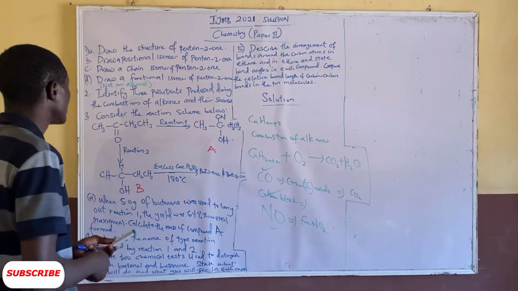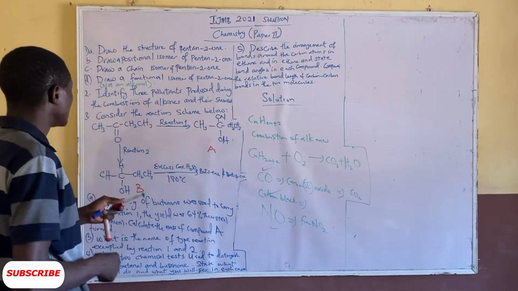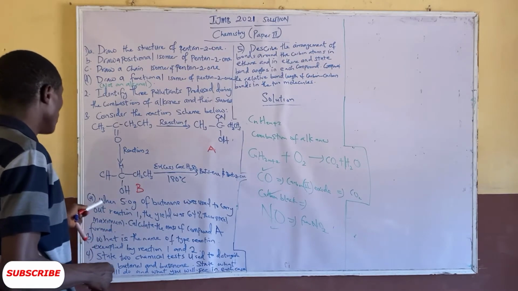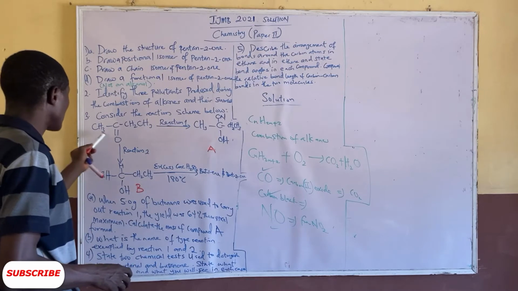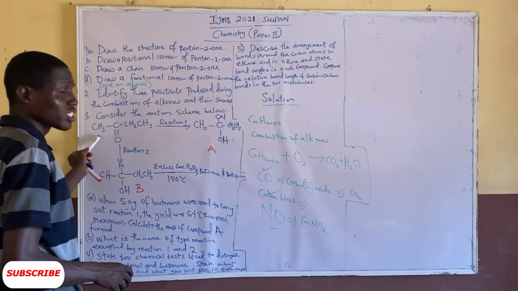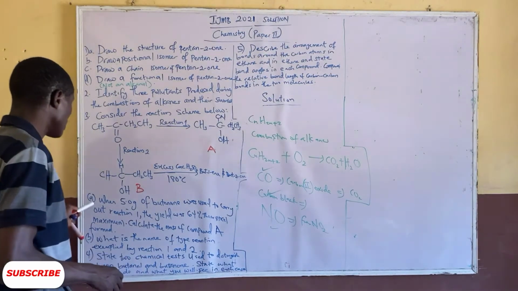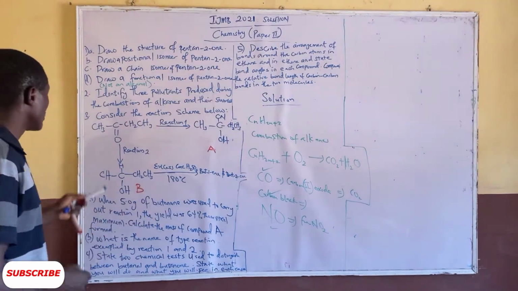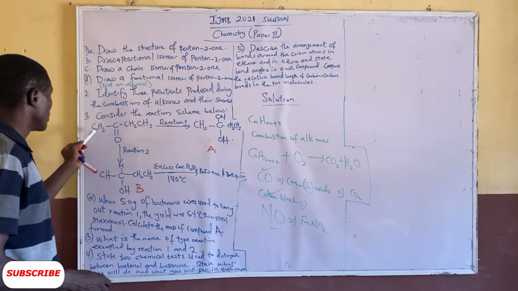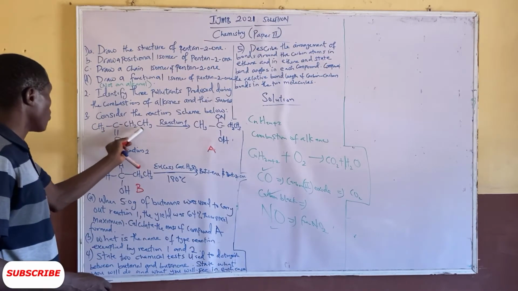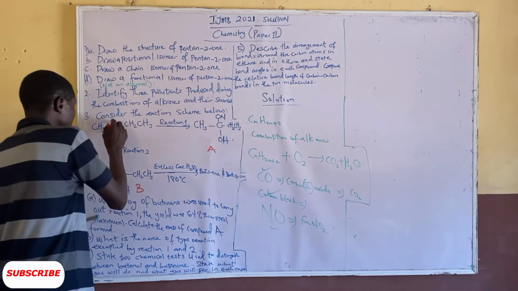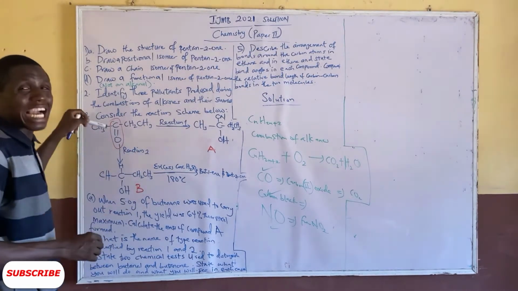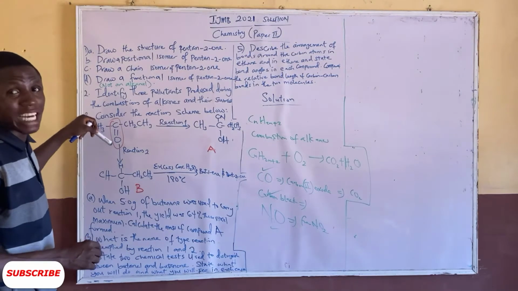Question 3 says, consider the reaction scheme below. We have to consider the reaction scheme below and use it to answer the question. So if you look at this reaction scheme, you have to study it very well. This is 1, 2, 3, 4, and it has a functional group of C double bond O. This is a carbonyl group, especially ketone.